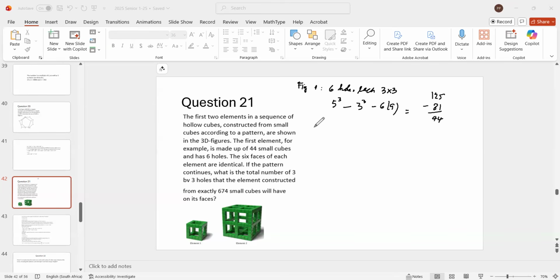But just watch. In figure one, you got six holes. In figure two, you see you have one hole on the side. Here, in the second figure, you got two squared holes each side.